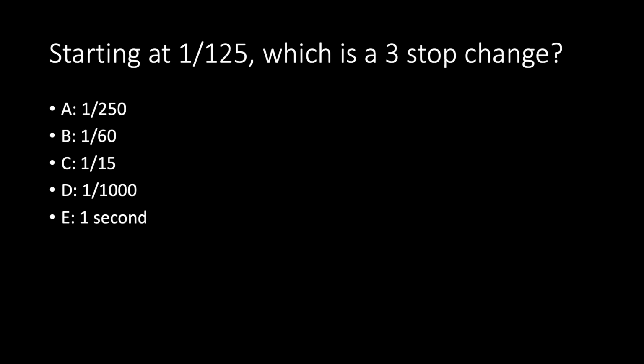Let's try another one. Starting at 1/125th of a second, which one of these shutter speeds represents a 3-stop change? And again, I'll give you about 30 seconds to think about it.